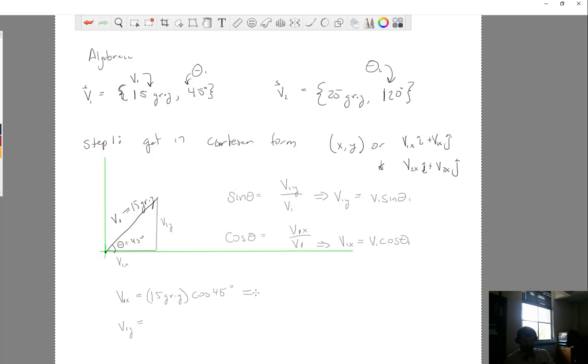So 15 gram g times cosine of 45 gives us 10.606. Probably 10.6 is sufficient. And for this one you'd have 15 gram g times sine of 45 degrees. At 45 degrees, sine and cosine give you the same answer, so you get 10.6 again.